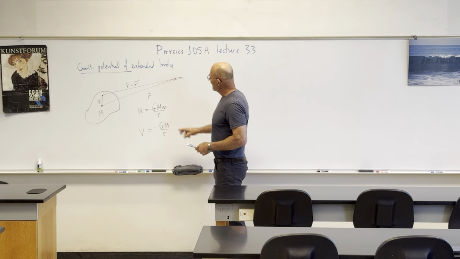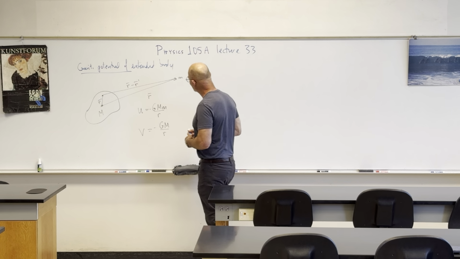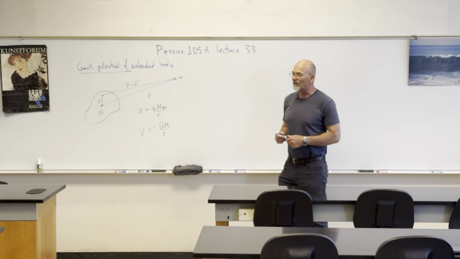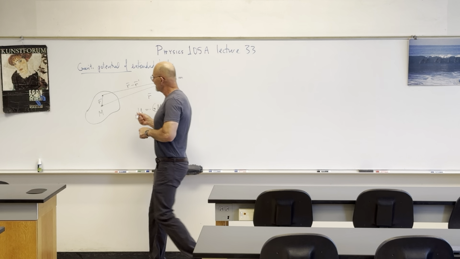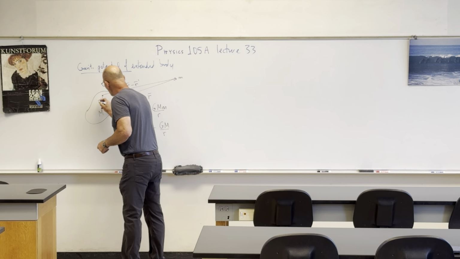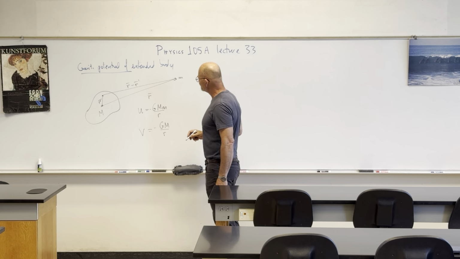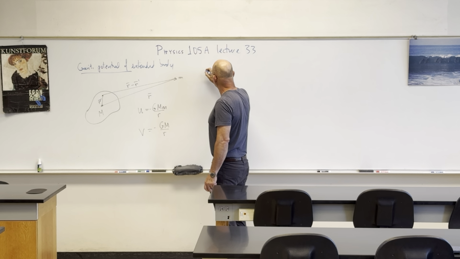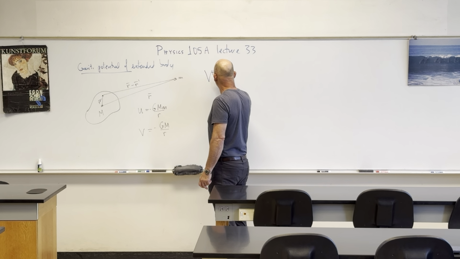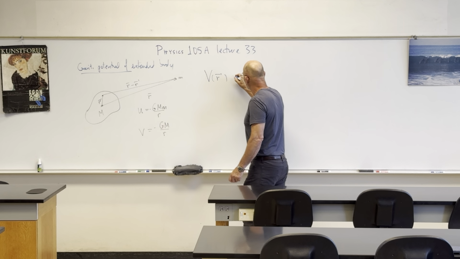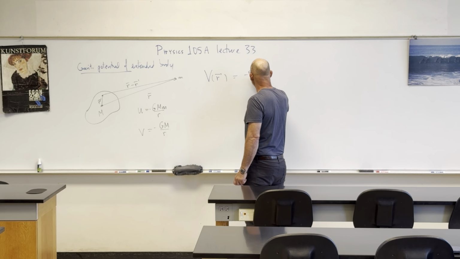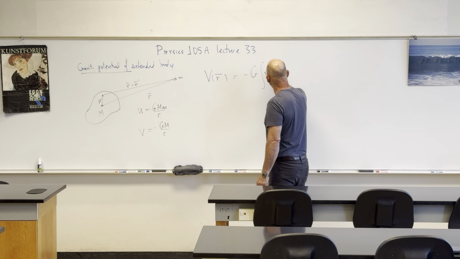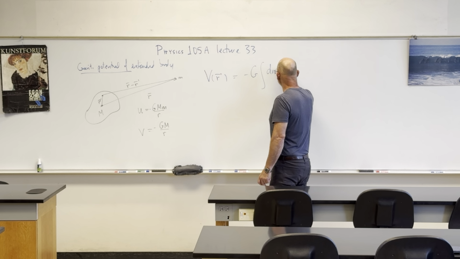But if you have an extended mass, you have to do an integral or a summation over all the points comprising this mass, and this is R prime, by the way. And so what we get is V of R is going to be equal to minus G integral dm prime.